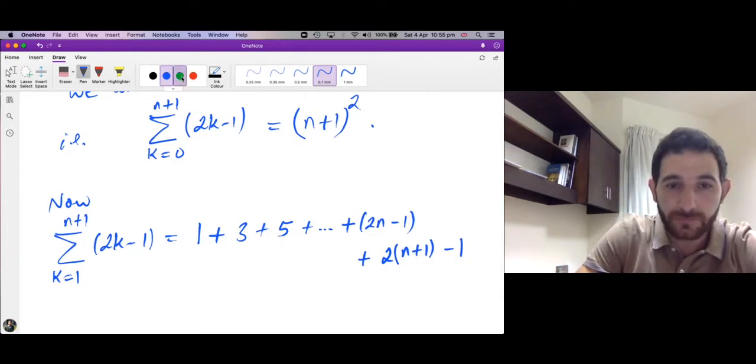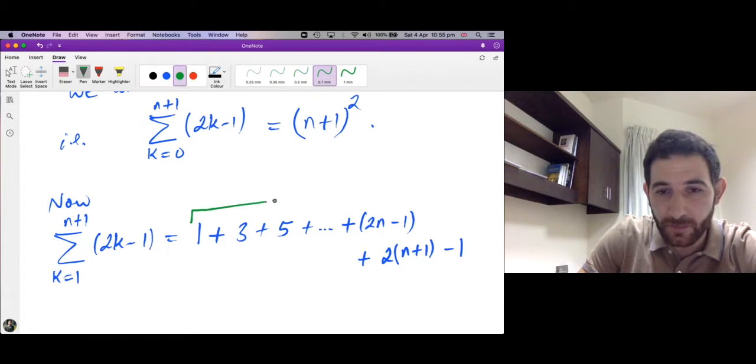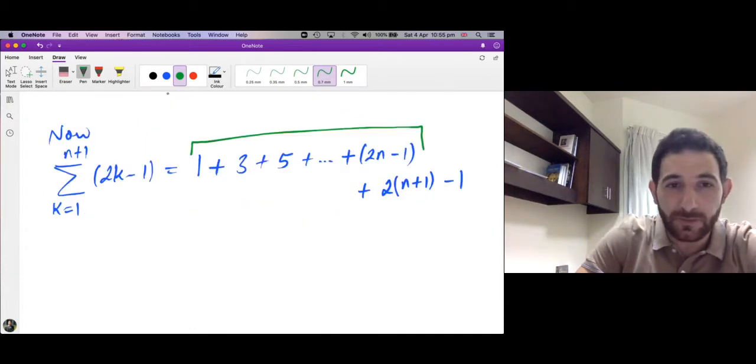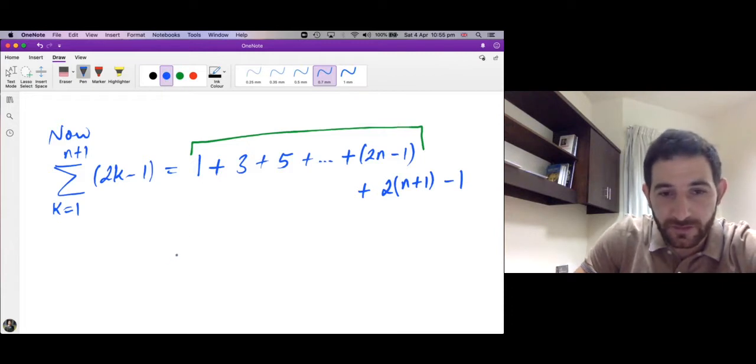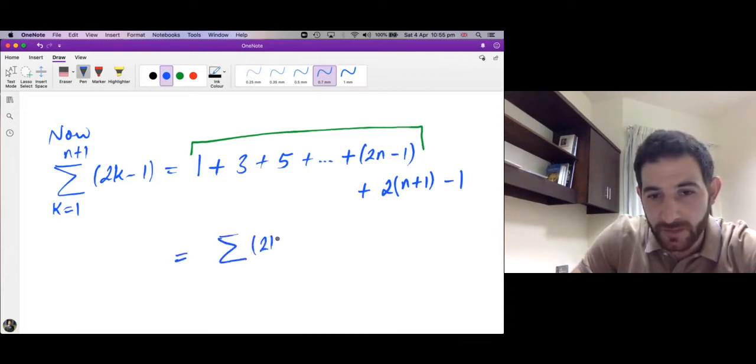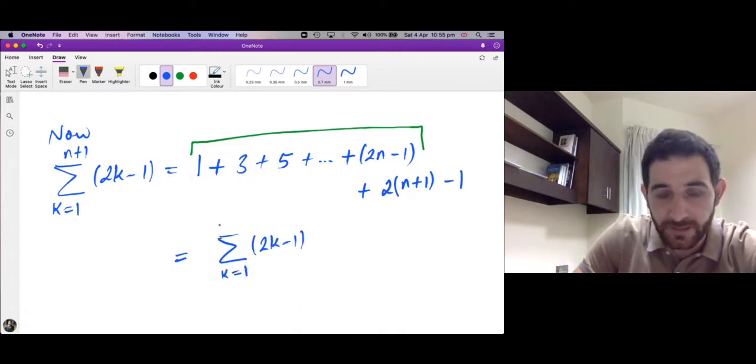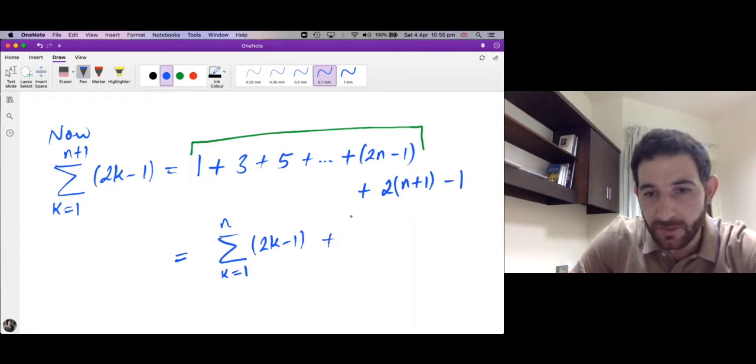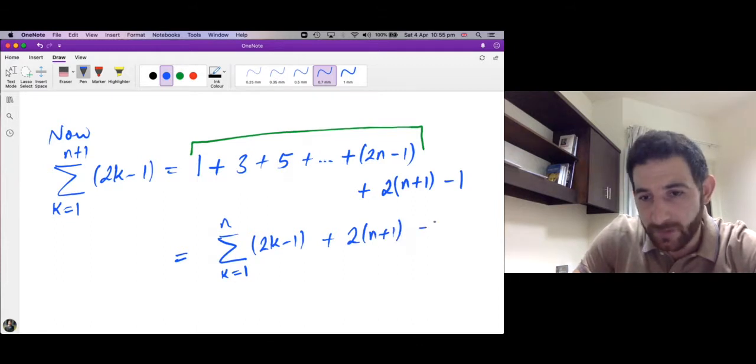We know by the induction hypothesis that the sum of all of these is equal, okay, maybe I should write it in terms of sigma notation. This is the sum of 2k minus 1, where k starts from 1 and stops at n. So the green line is equal to this summation plus what is left here, so 2 times n plus 1 minus 1.